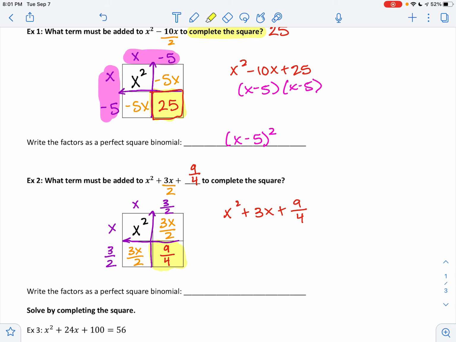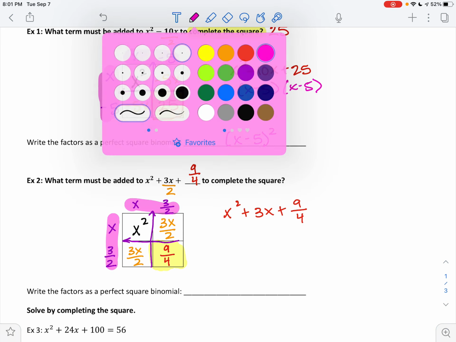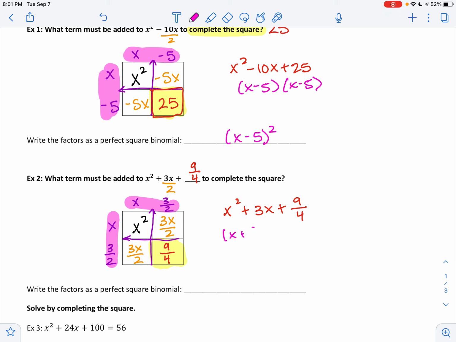Well, we've just factored this. The factors are x plus 3/2 times x plus 3/2. Oh, yeah, 3/2, not 3/4. And I can rewrite this as a perfect square binomial by saying it is x plus 3/2 squared.